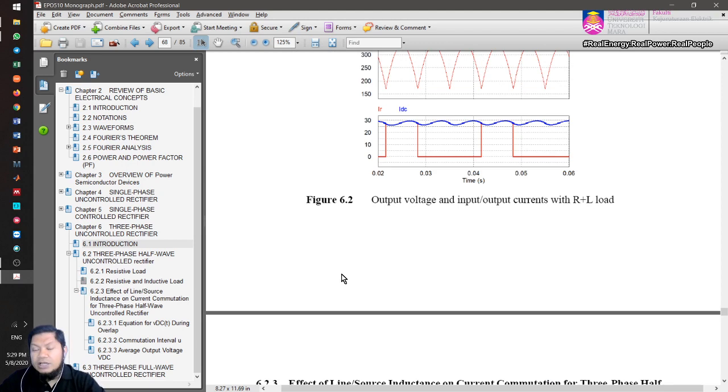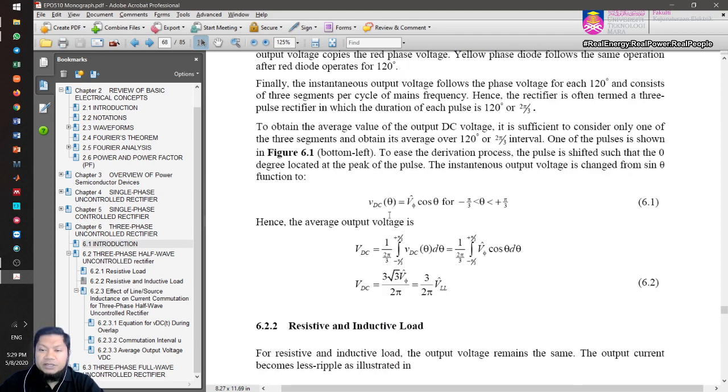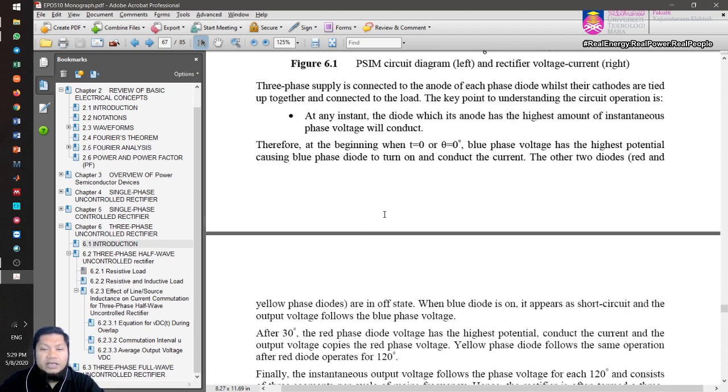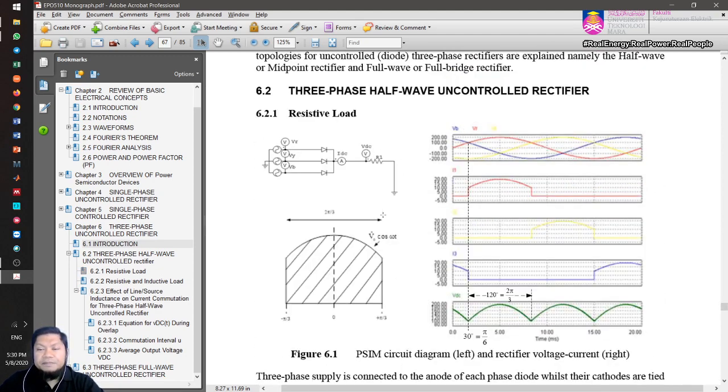You have to look at the equations again and again and try to do it from scratch, not memorize everything. Start with a blank white paper, sketch the circuit, then the waveforms, and then from that waveform you solve for the output voltage equations and the rest.